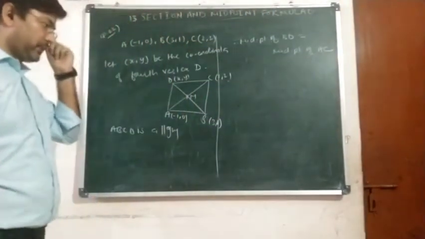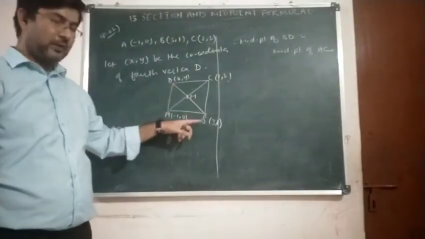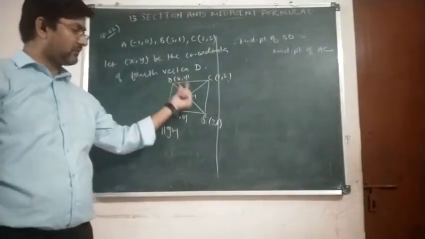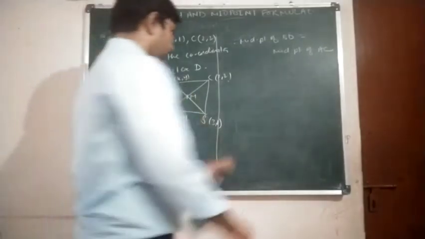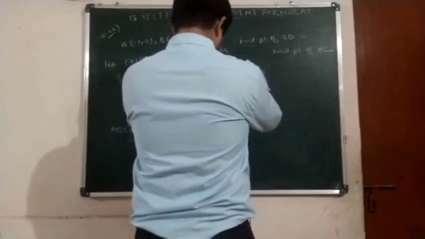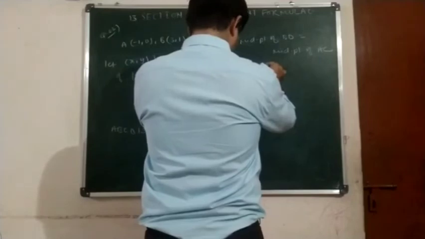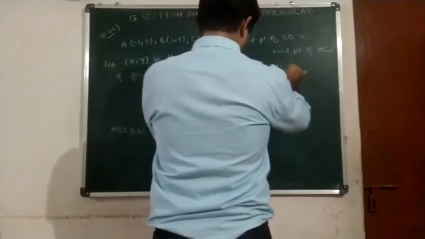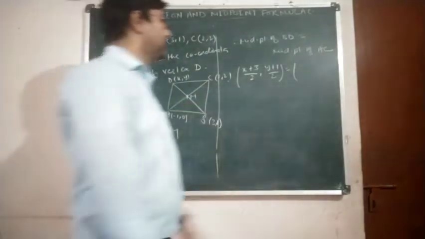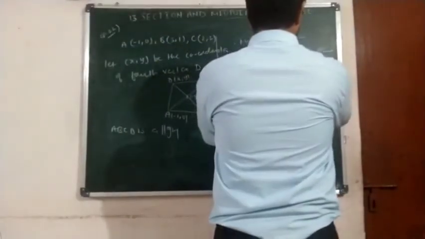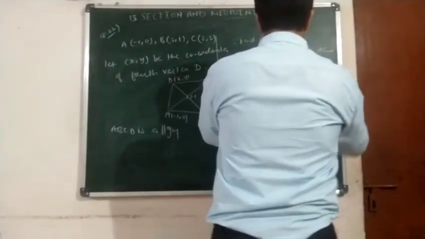The midpoint of BD is (x plus 3) upon 2 and (y plus 1) upon 2 on the left side, which is equal to the midpoint of AC: (-1 plus 2) by 2 and (0 plus 2) upon 2.